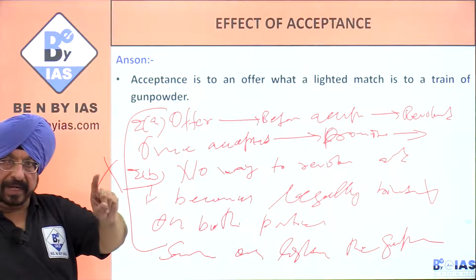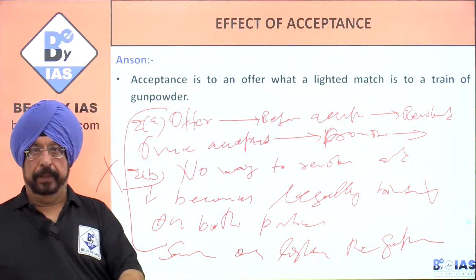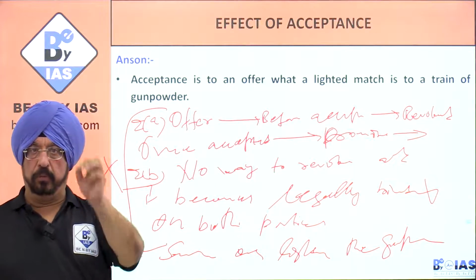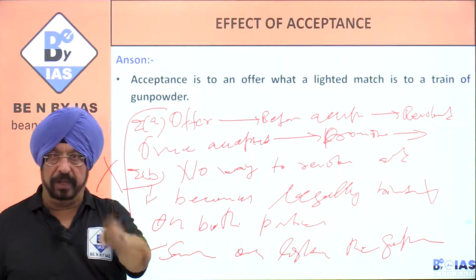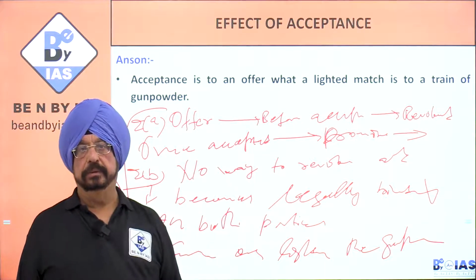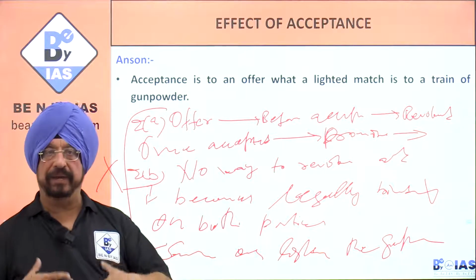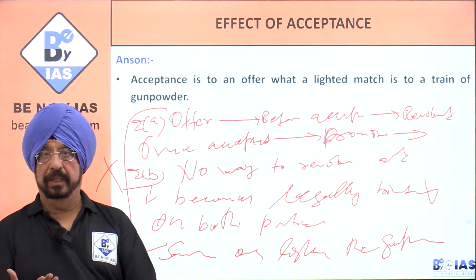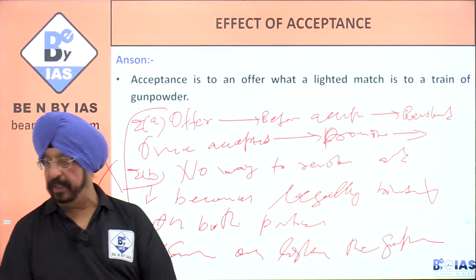But I am telling you what is not to be missed. What is most essential, absolutely essential for your answer. And this is what is written here. You can add something to it. You may give an example to it. And that will complete your answer. What more do you want from me?